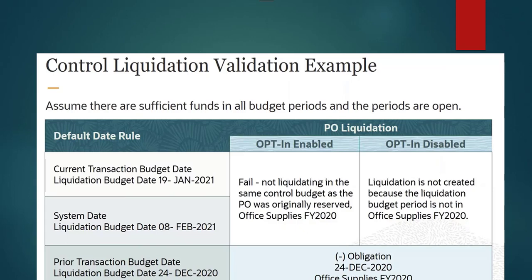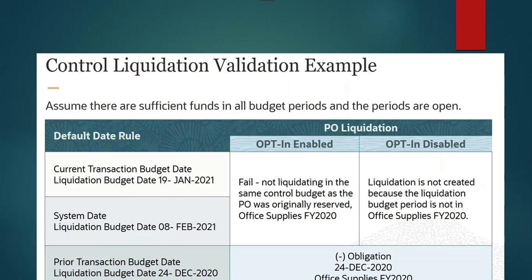It is going to fail because it is not liquidating in the same control budget as the purchase order was originally reserved. And again, you will get a funds hold on your invoice, but if the option is not enabled, then the invoice gets validated. The liquidation is not created.